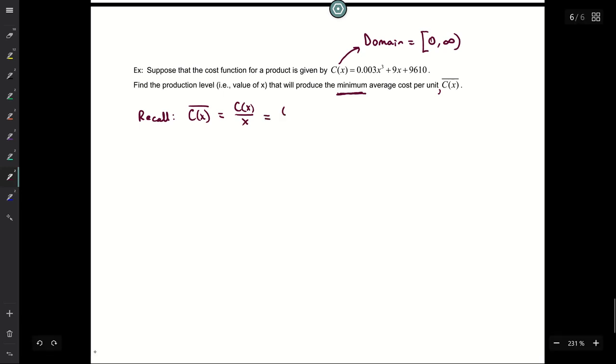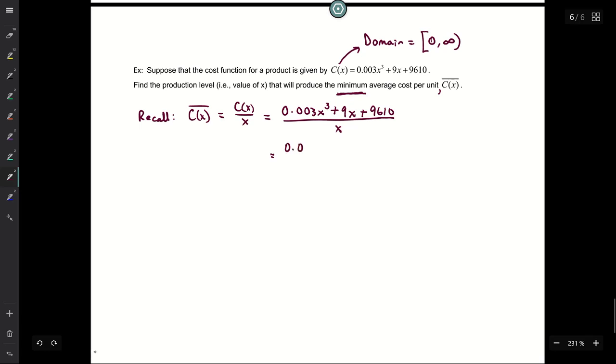So on the top, we're going to have the cost function that they gave us, and then in the denominator, we're going to divide by x. Now we can rewrite this, and basically, because there's a single x in the bottom, take each term in the top and put it over the single x. So we can split it.